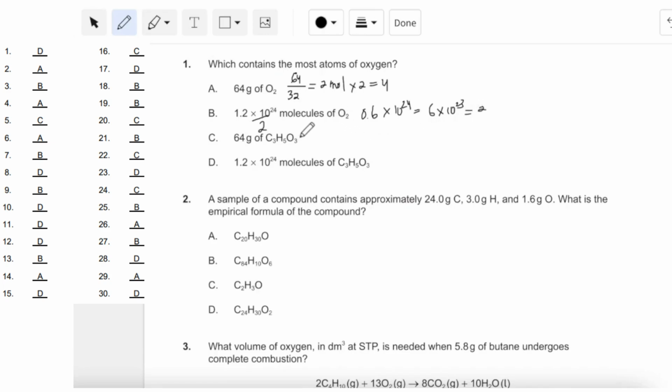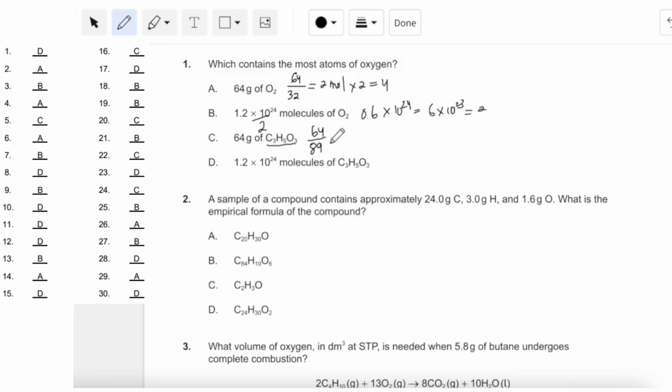And then what about 64 gram of C3H5O3? I'm not really sure how you will do the math, because in paper 1 you are not using a calculator. If you check, the molar mass of C3H5O3 is around 89.